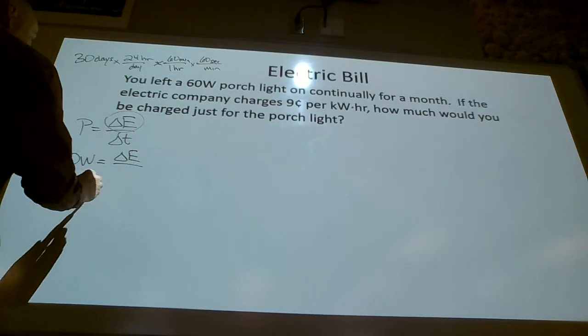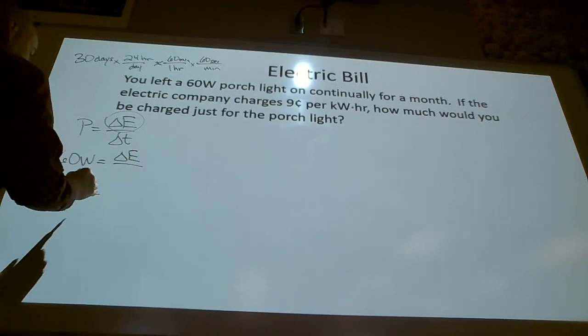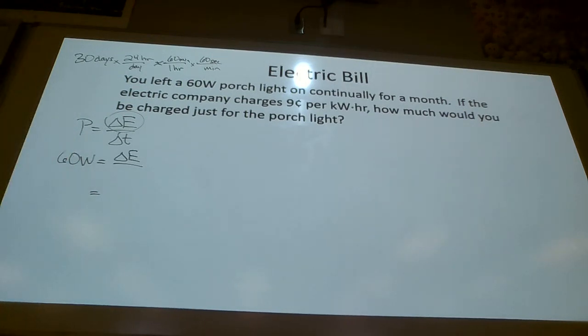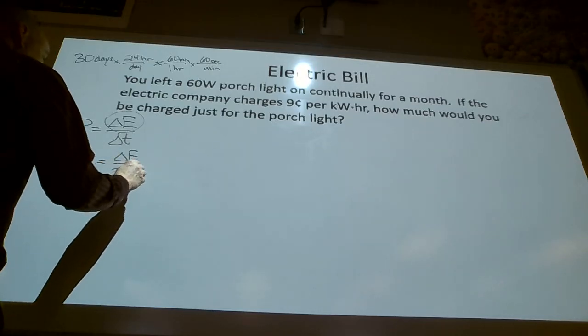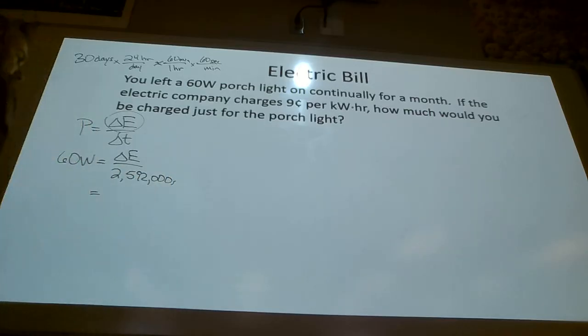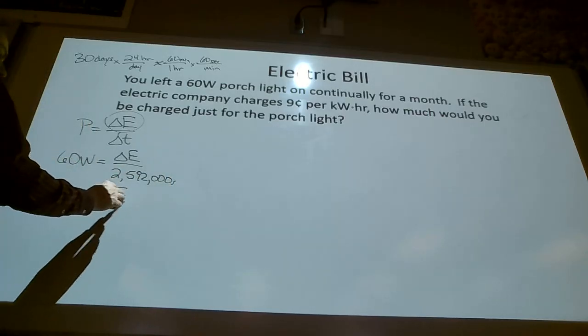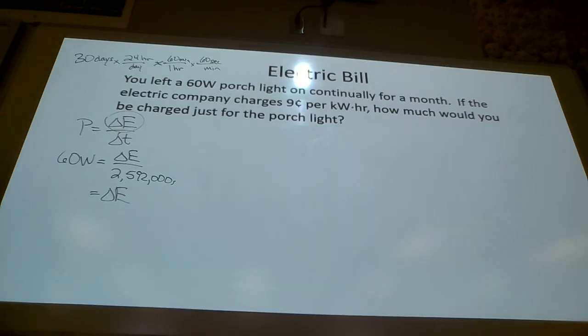We multiply all that together and get 2 million, 592,000 seconds. We multiply that by 60 watts, and we get 155,520,000. What's the unit?